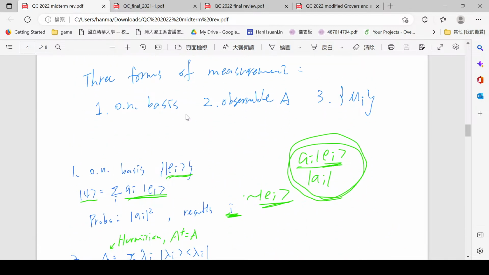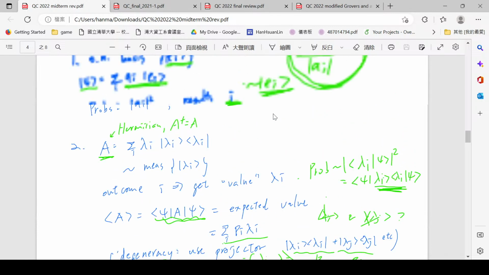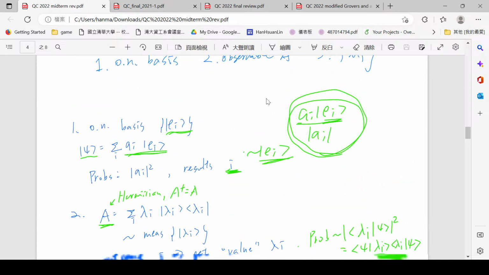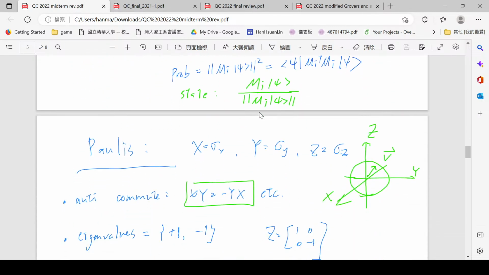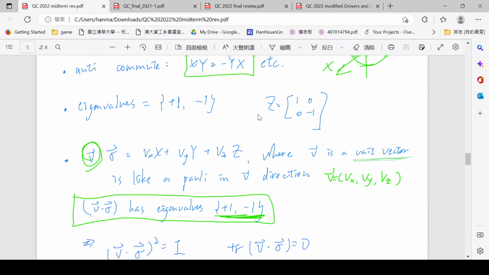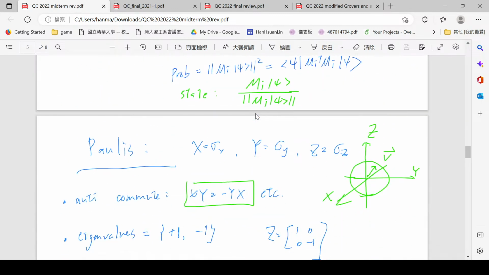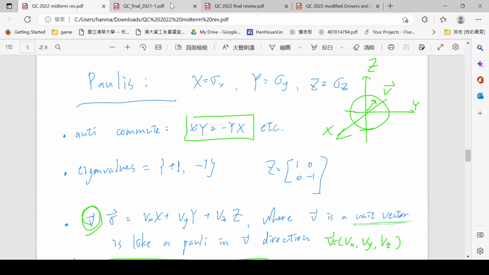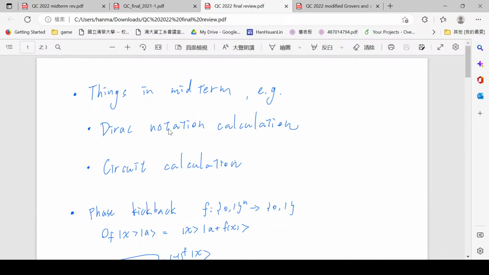And let's see, the measurement. Once again, we have 3 forms of measurement, but this will not be emphasized so much on the final. I guess on the final, here is a very big tip. We will check some fundamentals.